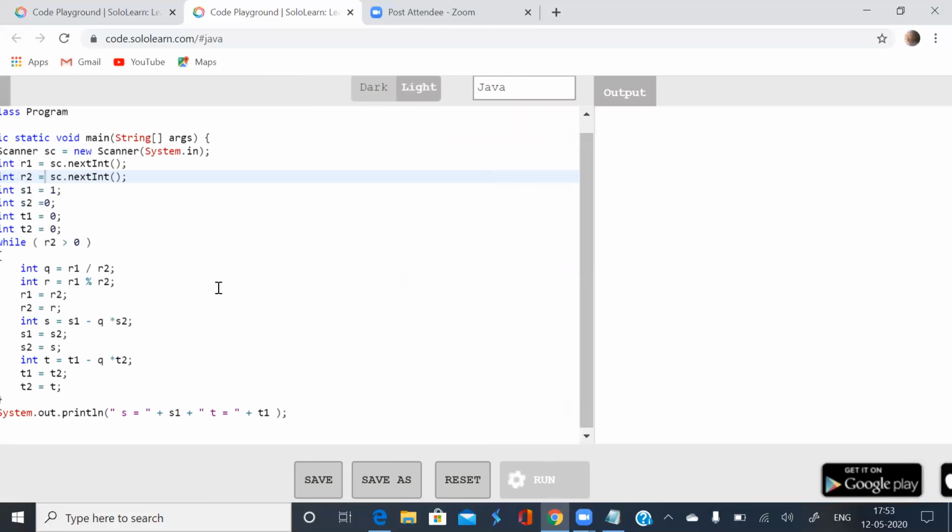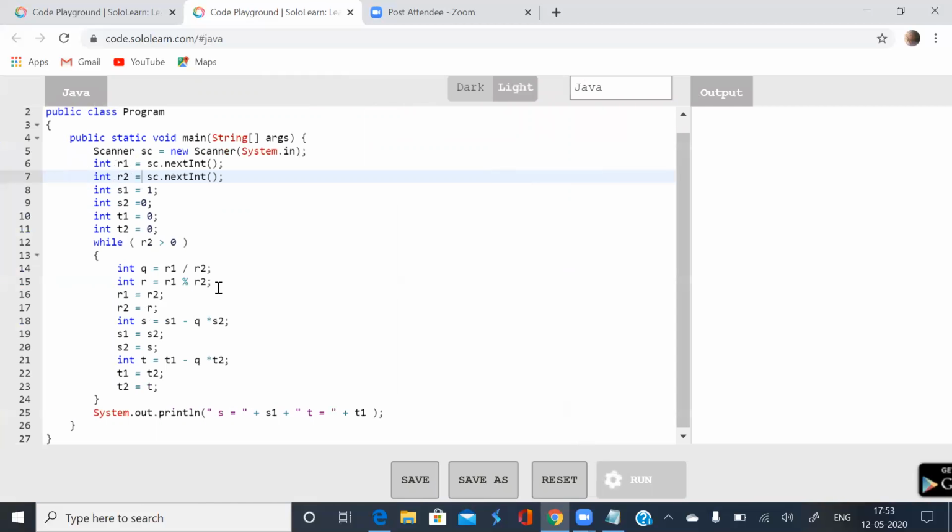So what should we get? We should get -1 in place of S1 and 6 in place of T1. Okay. So it seems there is a lot of load on the system and the system is reacting very slowly.